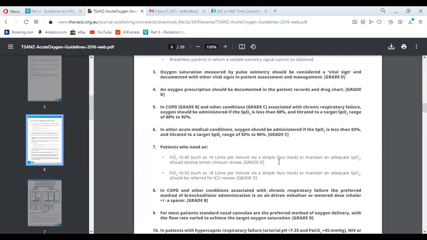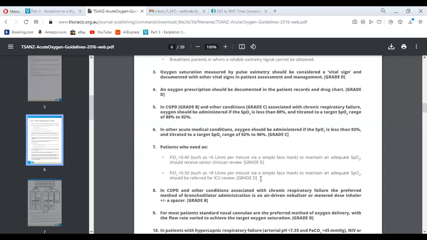That is one. And secondly, if the FiO2 is greater than 0.5, such as a flow rate of greater than 8 liters per minute via a simple face mask to maintain adequate saturation, such a patient should be referred for an ICU review.